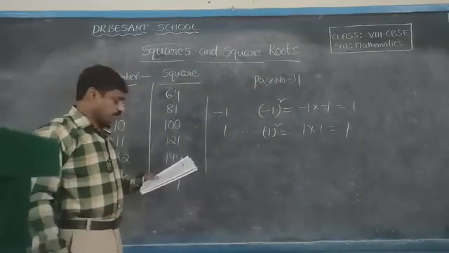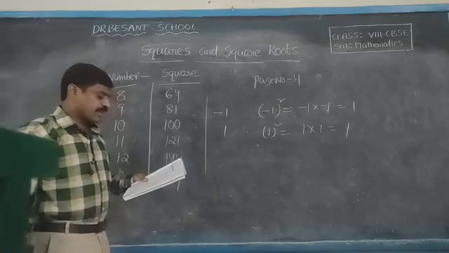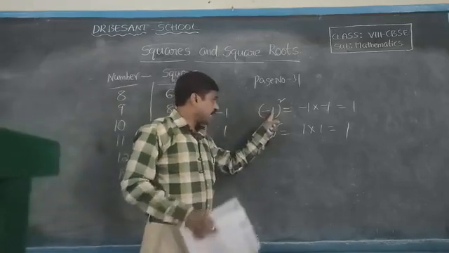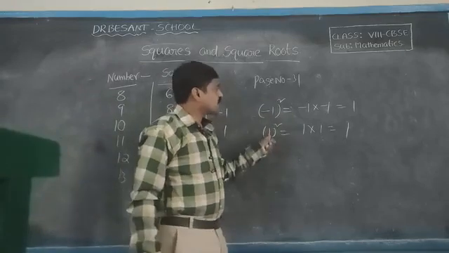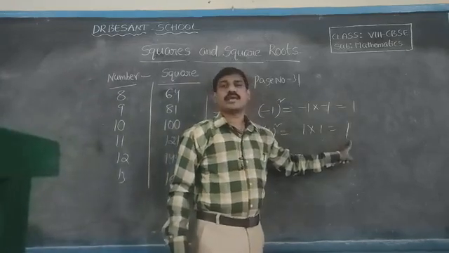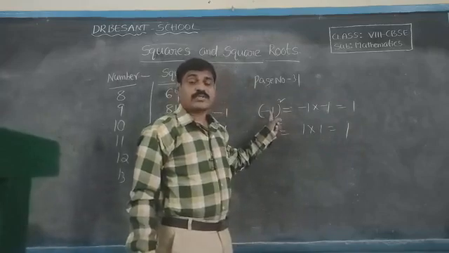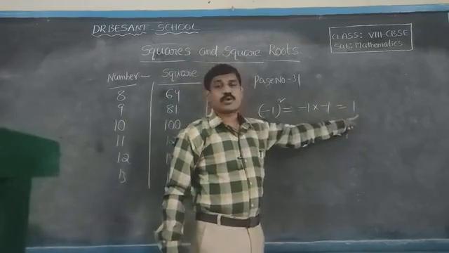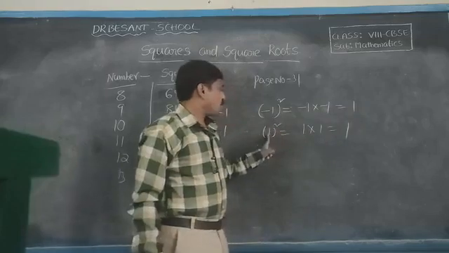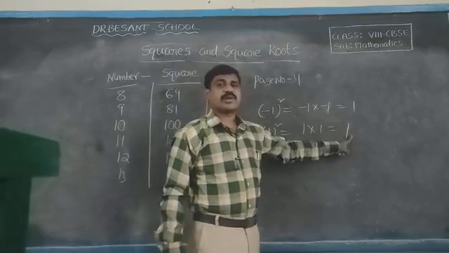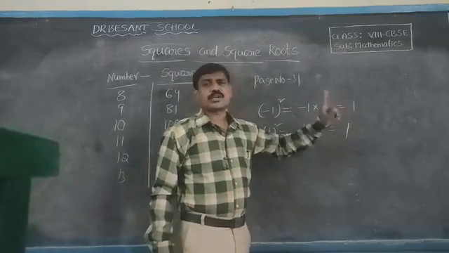So from this, if the number is negative or positive, the square of the number is positive only. Then what about the square of minus 1? Plus 1 only. It is positive. What is the square of plus 1? Again plus 1 only. This is also positive only.